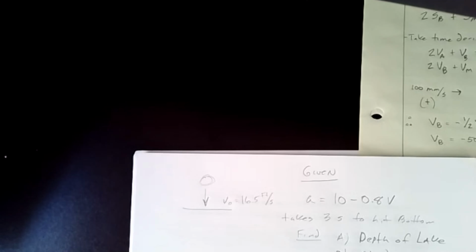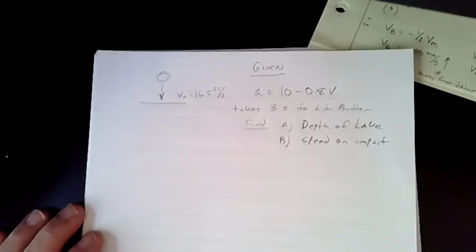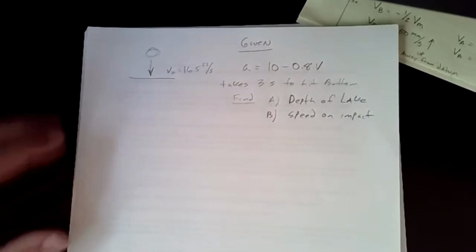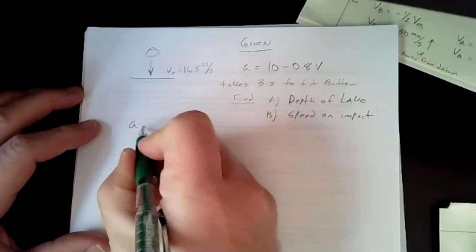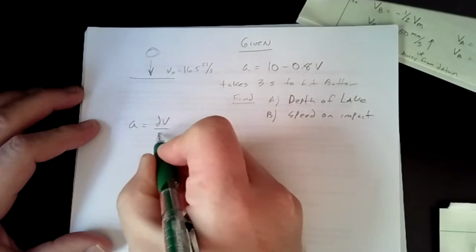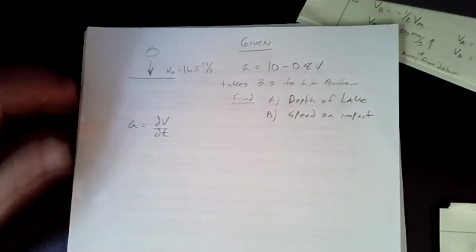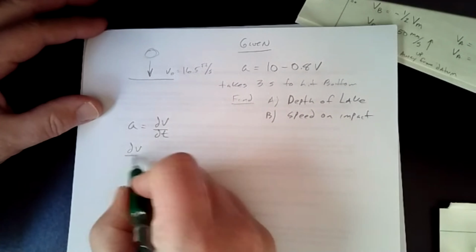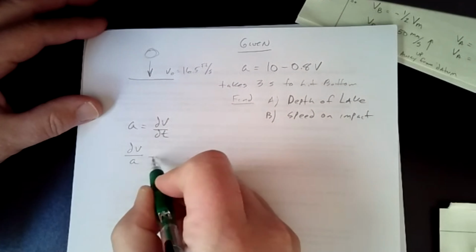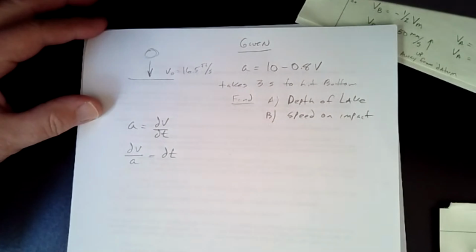Knowing that, we can pull up one of our equations, A equals dV dt. If we rearrange that, we know that dV over A equals dt.